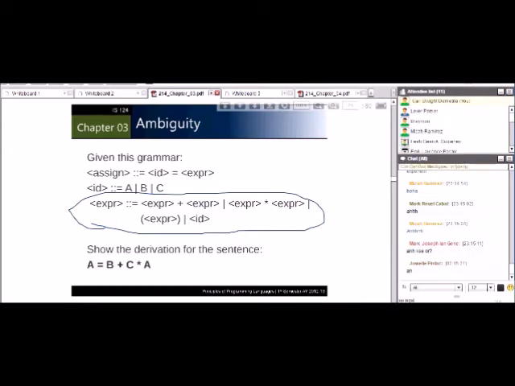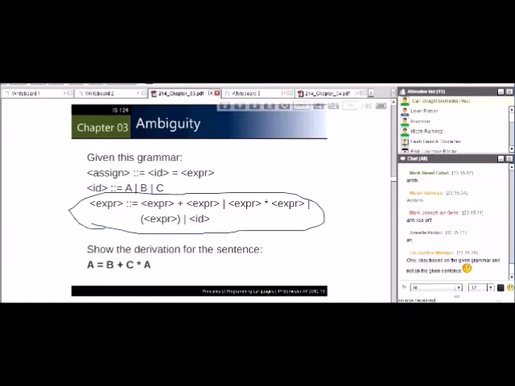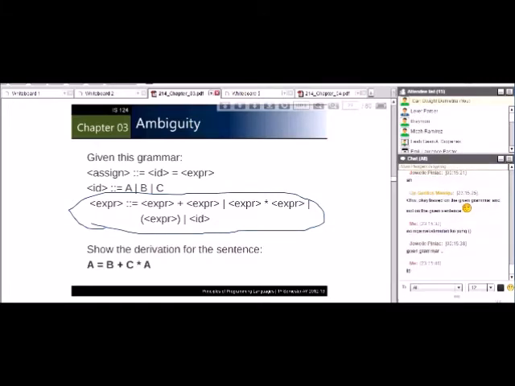Now, question, which operator has the lowest precedence, based on the given grammar? Which one has the lowest precedence? The one which is evaluated last. We are talking about operators, okay? Nobody got the right answer yet. That's okay.